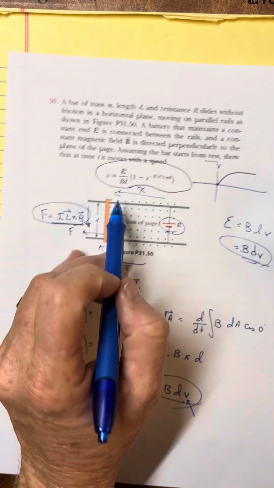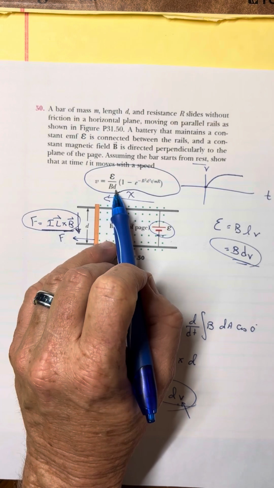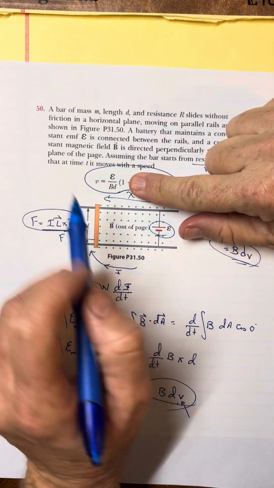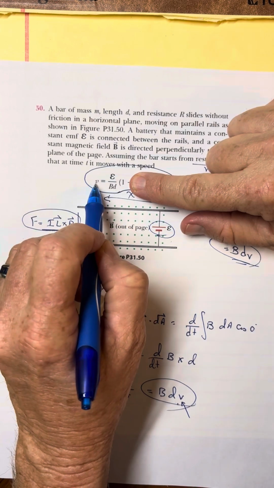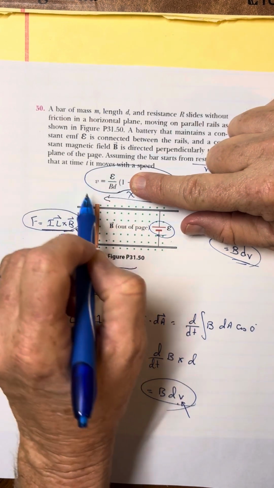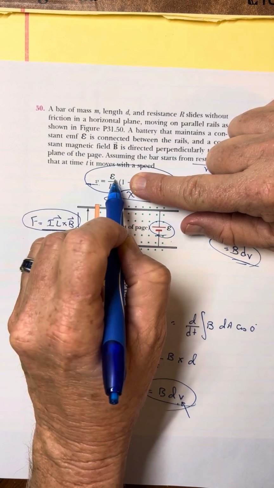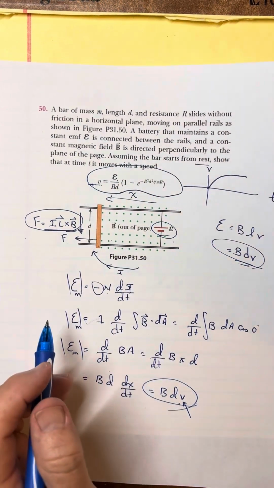In fact, you can see it in their equation that we're asked to prove that as time goes to infinity, this one goes away. And if you move the BD to that side, you can see that the BDv, which is the motion EMF, is equal to the EMF of the battery.